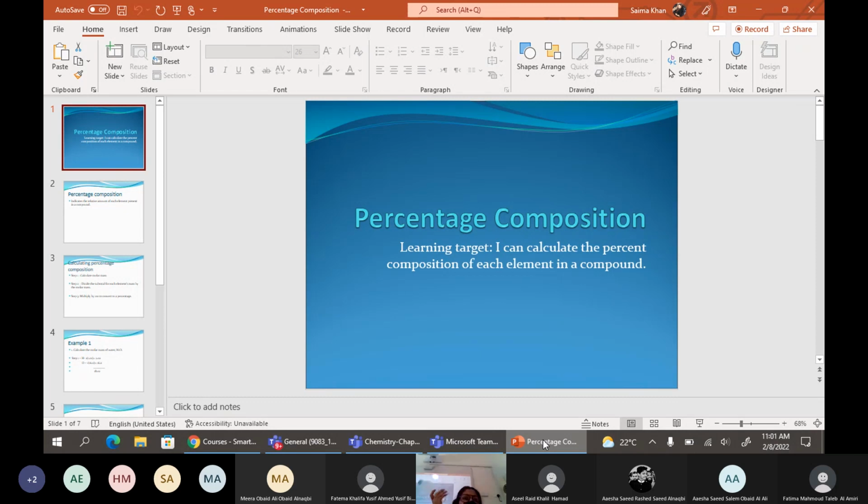The total percentage of this bottle is 100%. But how much percentage is the H and how much percentage is the O? We calculated moles earlier, but we did not calculate the percentage. For example, this is a packet of chips. Any food, biscuit, chips, any food, or even the cleaning agent.